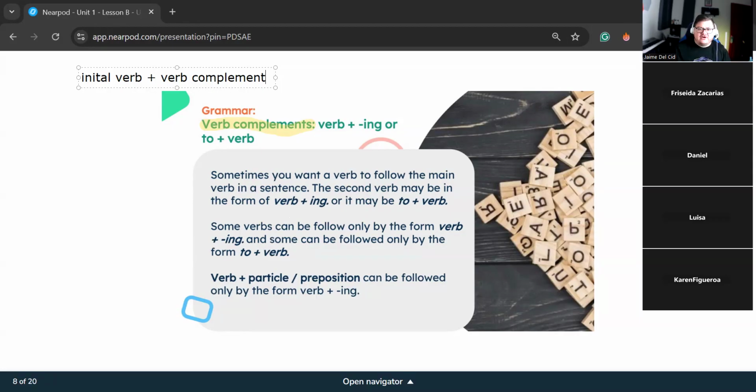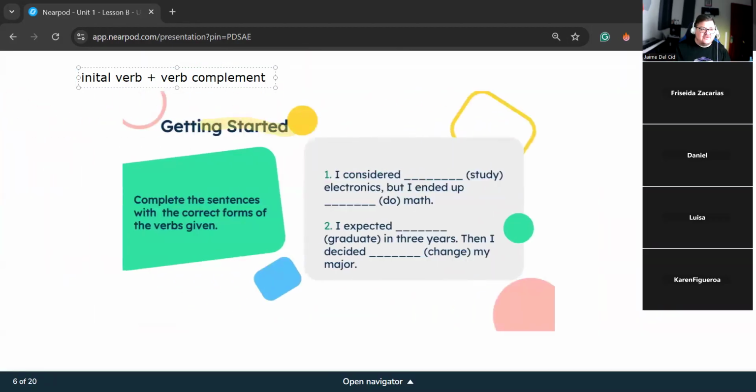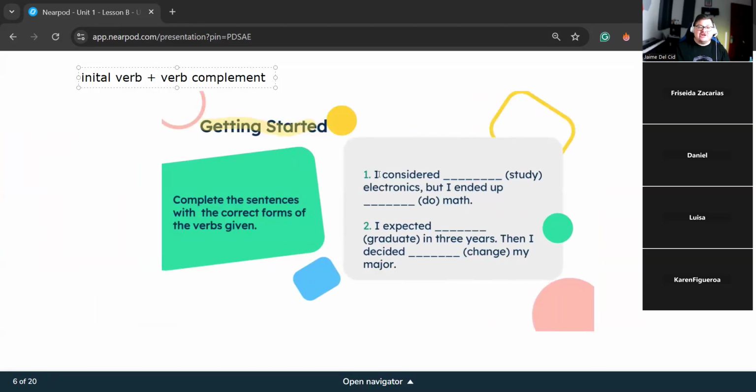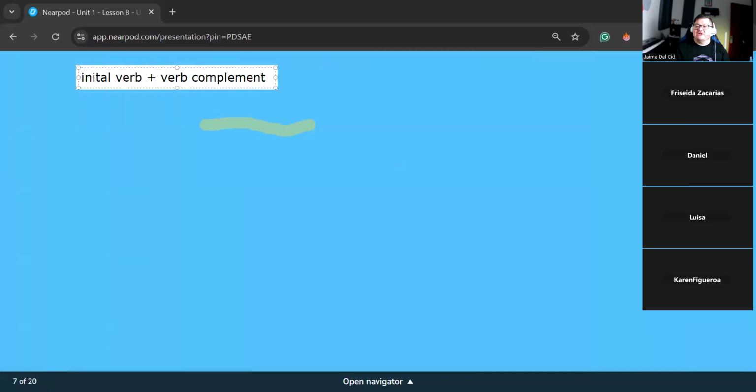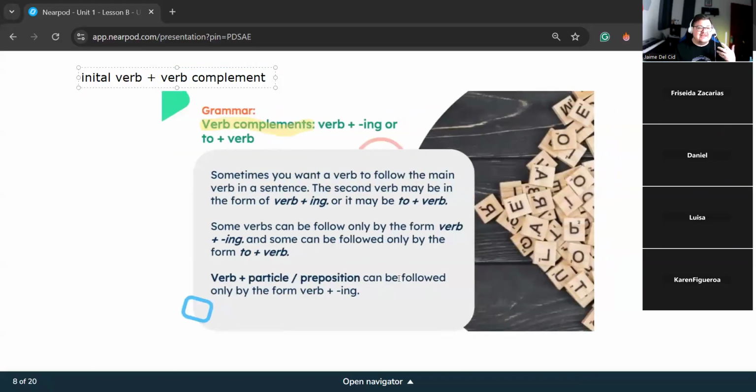So here in our previous exercise, we are trying to explain something. He's trying to explain the reason behind his decision, right? I considered studying electronics, but I ended up doing math. So we normally use verb complements to explain things.